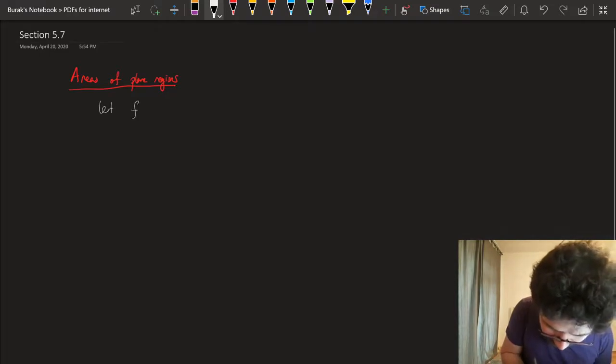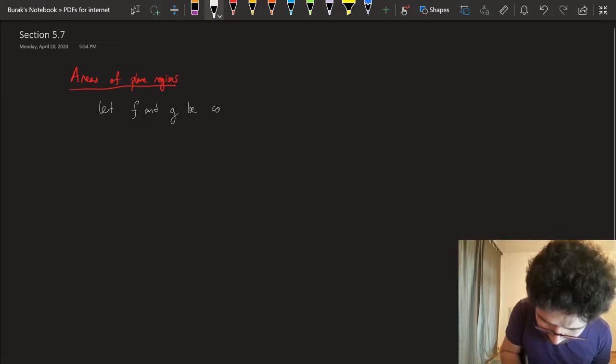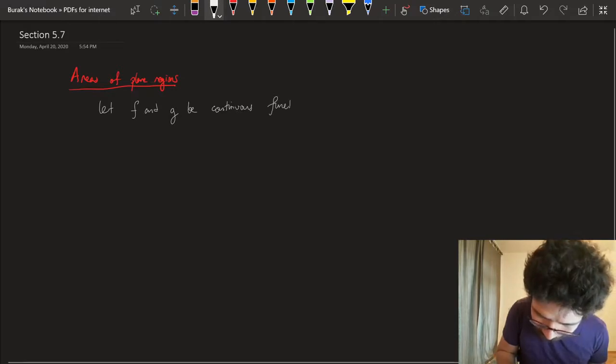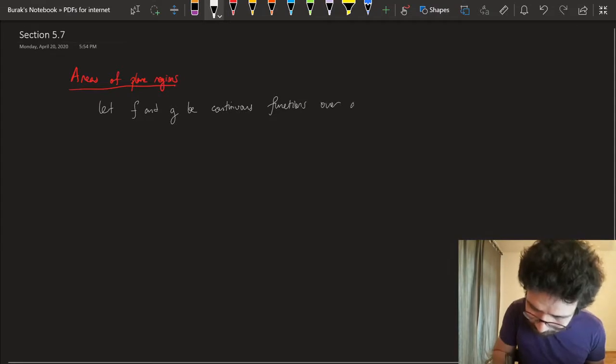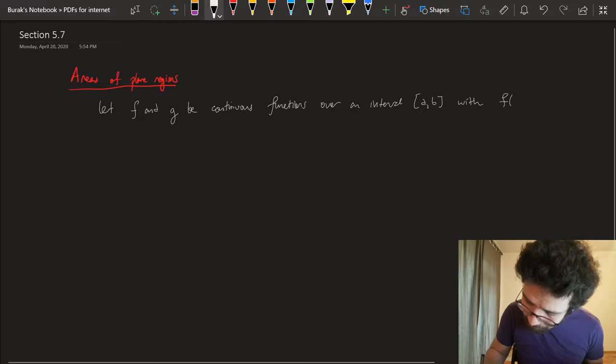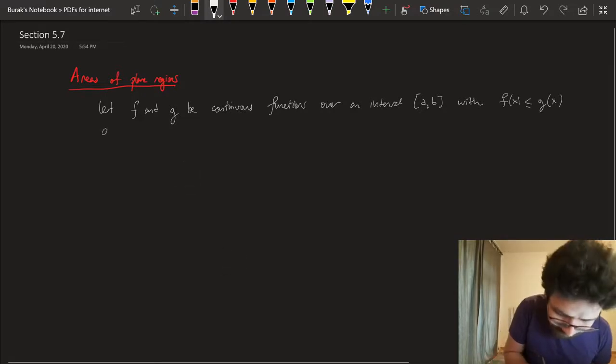So let f and g be continuous functions over an interval [a, b] with f(x) less than or equal to g(x) for all x in [a, b].